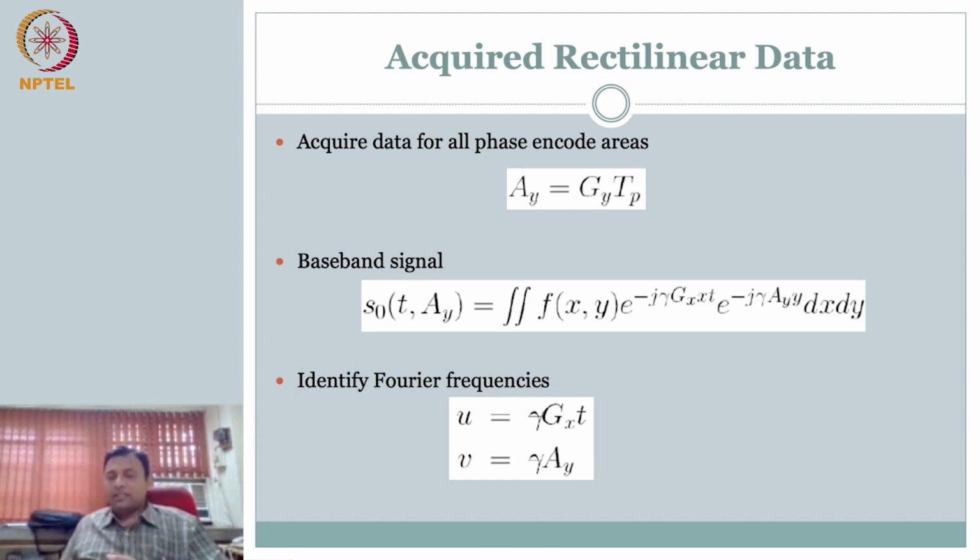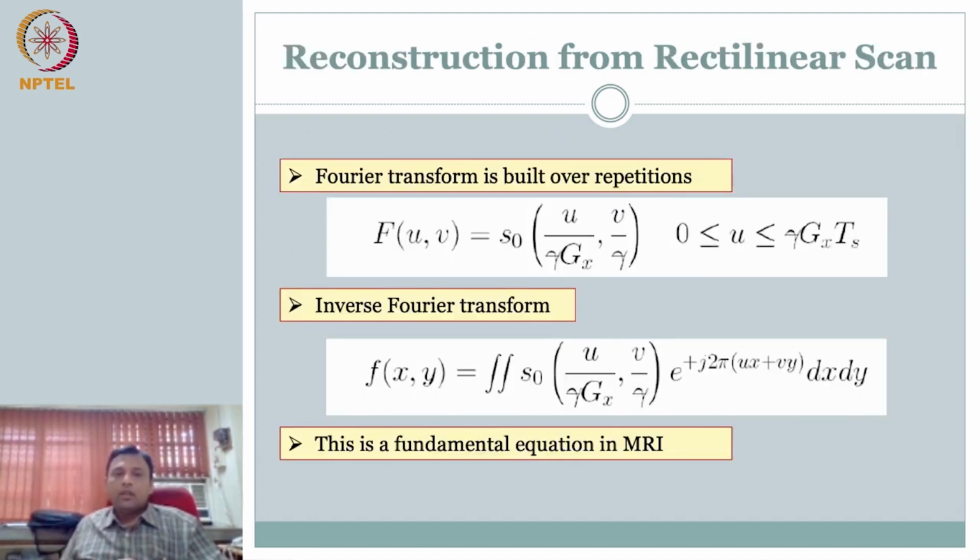This is the signal, the integral of f of x comma y e to the power minus j gamma Gx x t, e to the power minus j Ay y, dx dy. This is the same equation we saw before, and we can readily identify what your u direction frequency is and what your v direction frequency is. So f of u comma v is nothing but S0 reorganized in u and v.